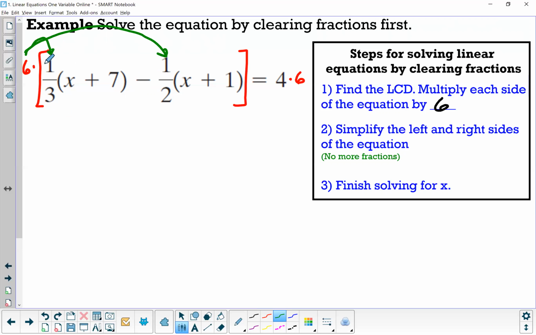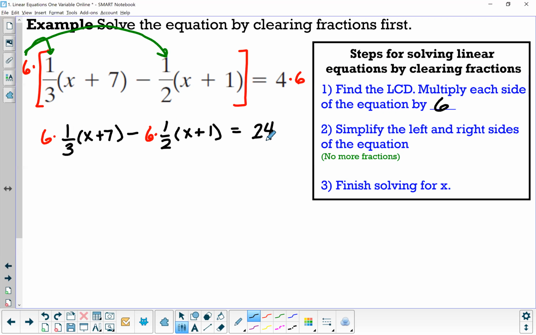Okay, so now essentially what that would look like is 6 times 1/3 parentheses x plus 7 close parentheses minus 6 times 1/2 parentheses x plus 1 close parentheses equals, I'll go ahead and simplify the 4 times 6, which is 24.